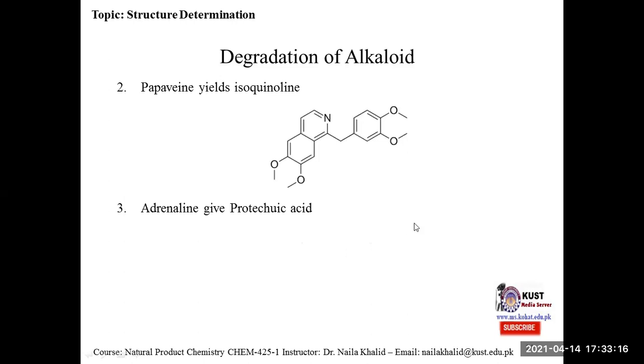Similarly, papaverine, this is the structure of papaverine, yields isoquinoline. It shows that papaverine has a very important nucleus, isoquinoline. Adrenaline, upon fusion with potassium hydroxide, gives you protocatechuic acid. It shows that it has this type of carbon skeleton.